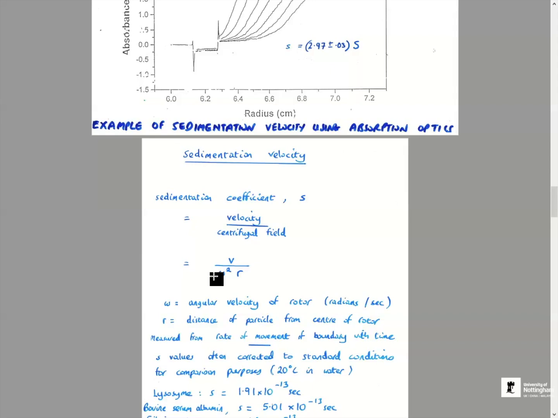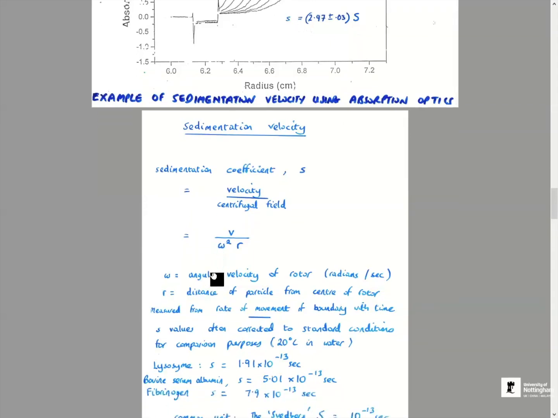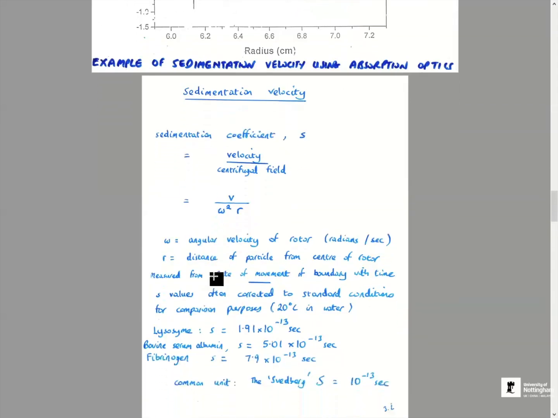So here are some examples. Lysozyme, S 1.91, this is at 20 degrees in water, that's minus 13 seconds, or 1.91 how many Svedbergs? 1.91 Svedbergs, that's right.